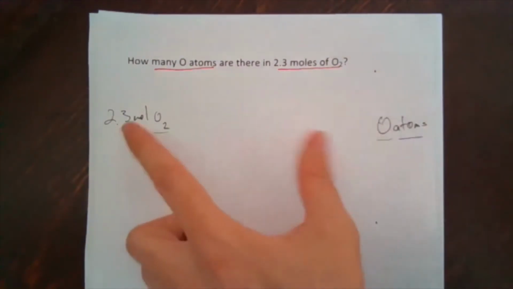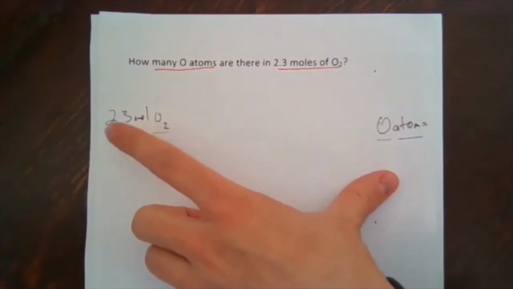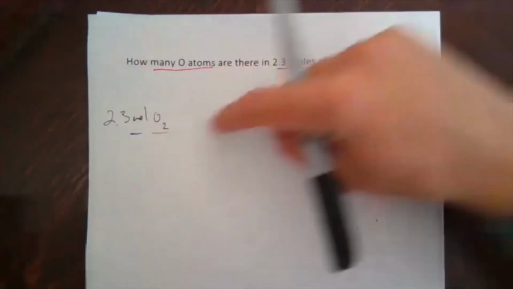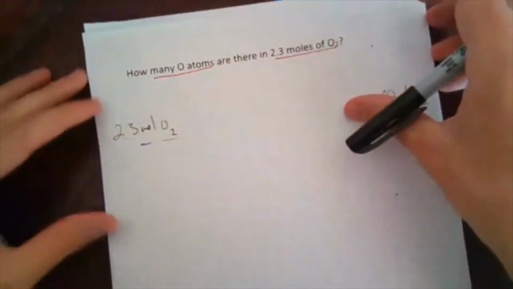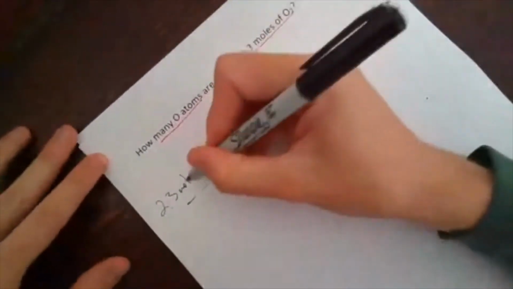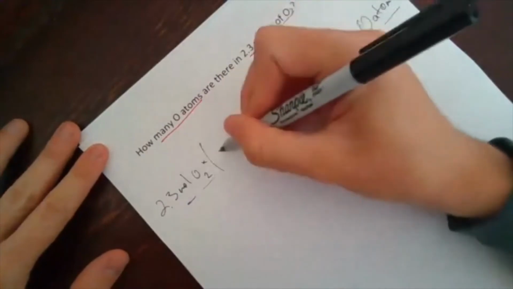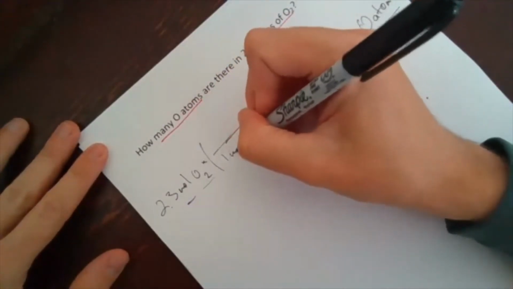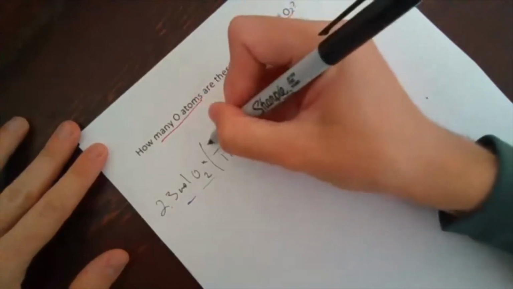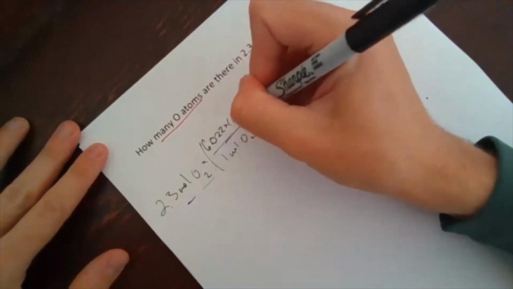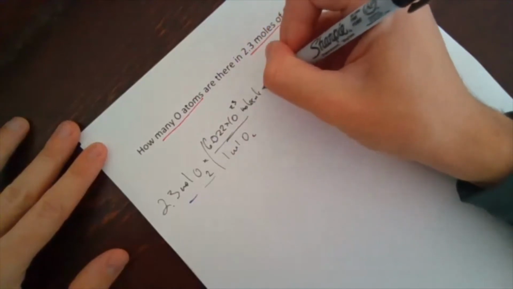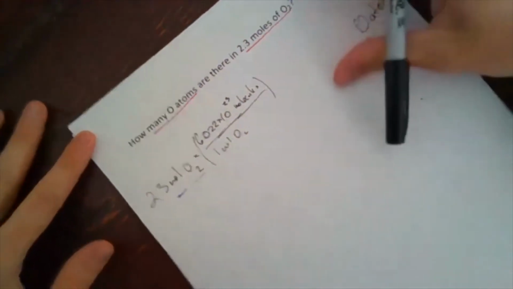So the first thing we're going to do is deal with this group concern. I'm in moles and I want to go to atoms. I can't directly do that because these are moles of molecules, but I can certainly step down from counting groups of molecules to counting individual molecules. I know that in 1 mole of O2, there's 6.022 times 10 to the 23rd molecules.